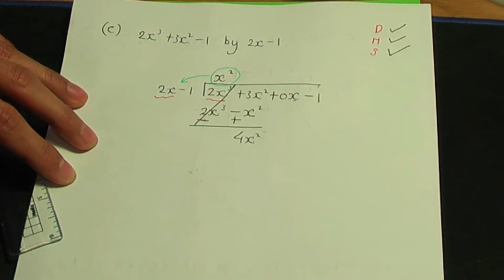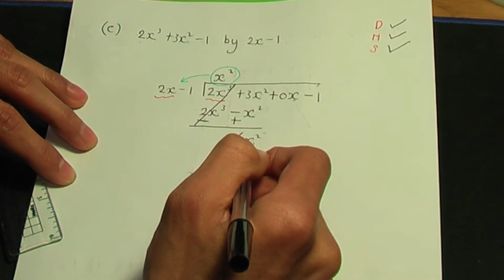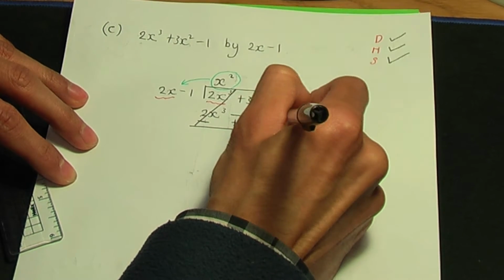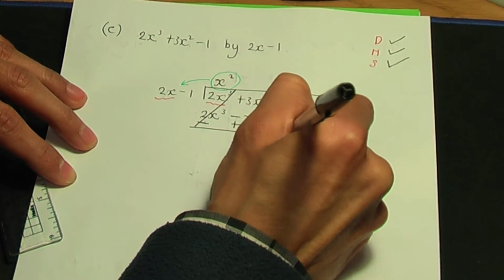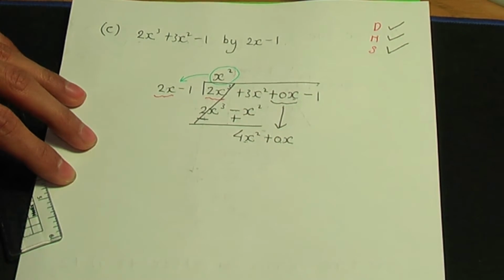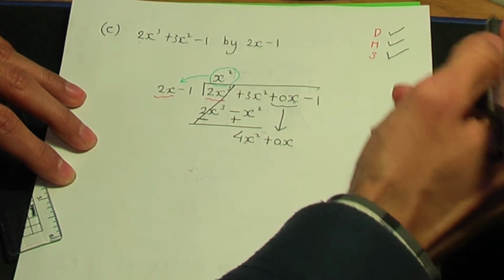Okay, so remember, like with the previous example, ideally we need two terms here. So I go to the next term, plus 0x, and bring that down. Okay, now we need to repeat the process.